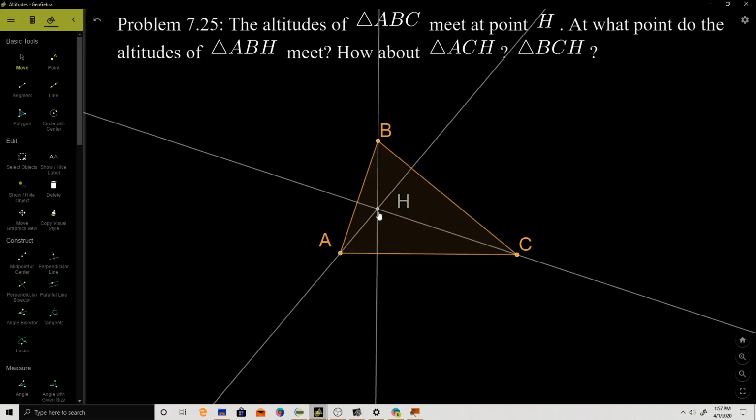Where would those altitudes meet? Well, let's construct them.